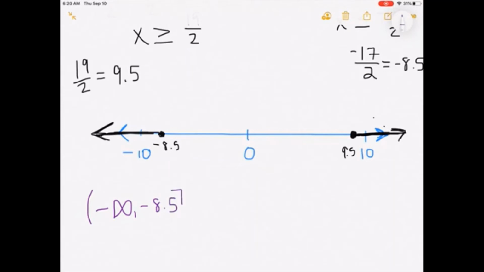I'll put a bracket around that because it exists at negative 8.5. It can be equal to negative 8.5 or less than. And then to indicate our jump, I'll call this our jump. Where x doesn't exist, that solution doesn't exist, I'm going to use a u.